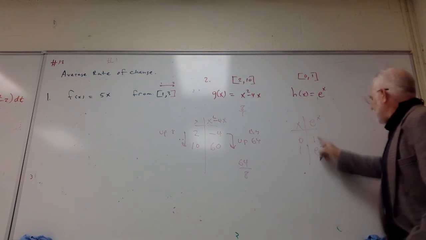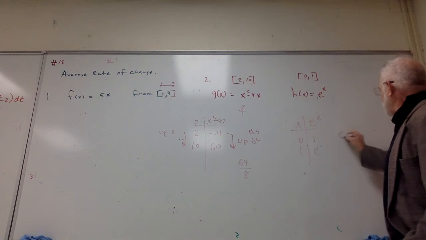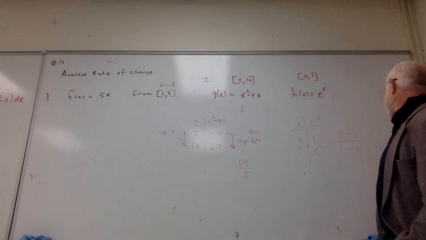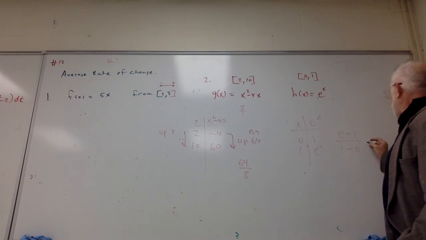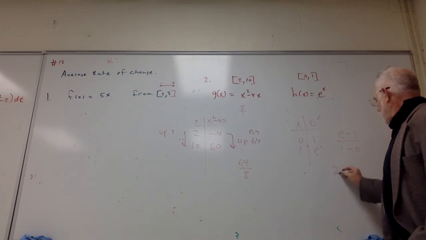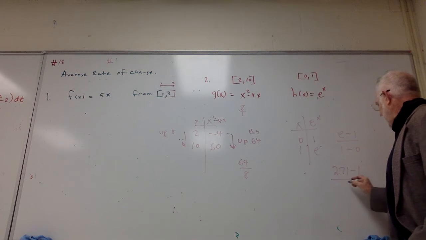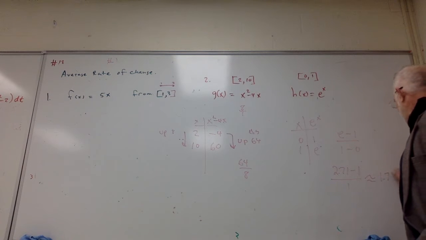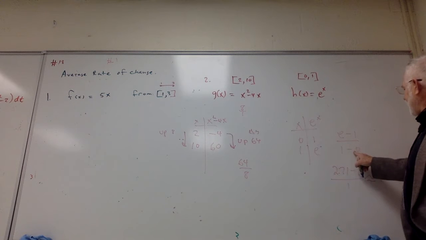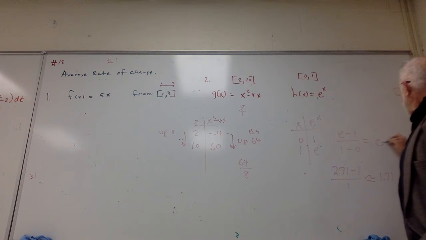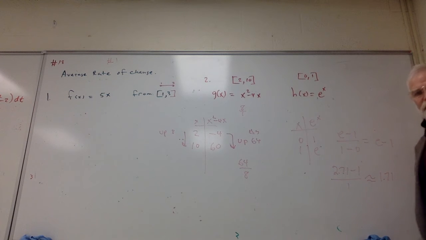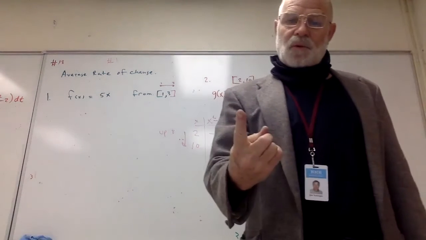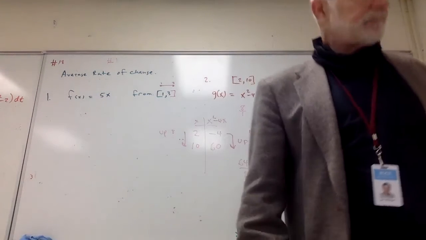So the change in the table, y2 minus y1, is e minus 1, over 1 minus 0, which is approximately 2.71 minus 1 divided by 1. So there's an approximation here of 1.71. Your exact answer would be e minus 1. I think I captured that entire board. There you go. So that's question number 1 on Monday.